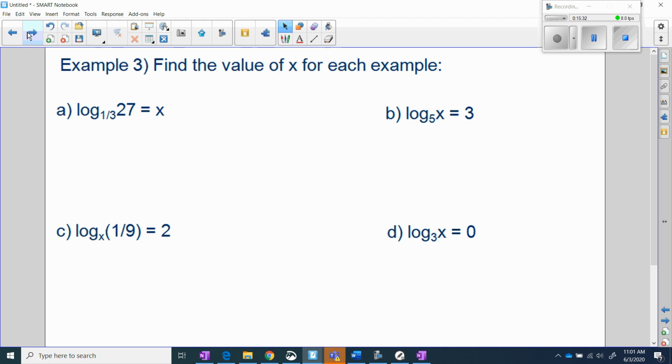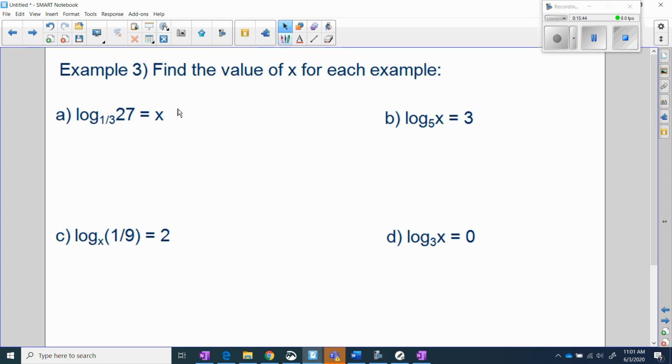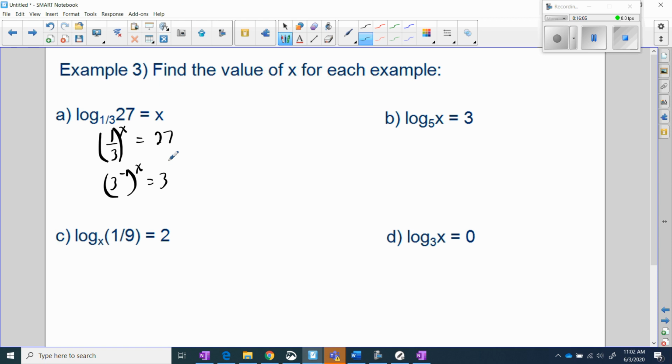All right, let's have a look at some examples. I'm trying to figure out what x is in each one of these. What I'll often do with logarithms is just switch them to exponentials. So 1/3 to the exponent x has to equal 27. This goes back to the unit of exponential functions and relations. 1/3 is 3 to the -1, to the x. 27 is 3 cubed.